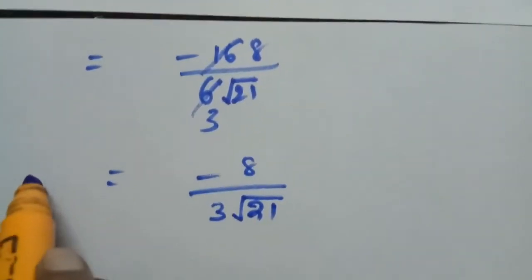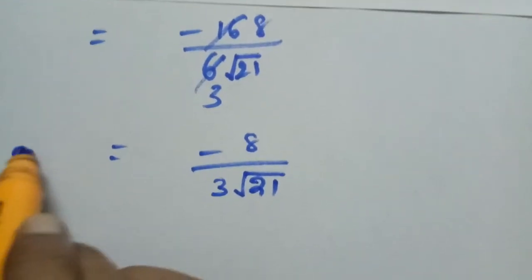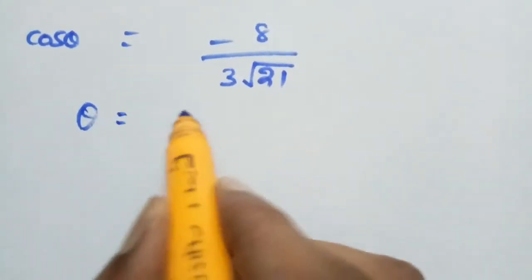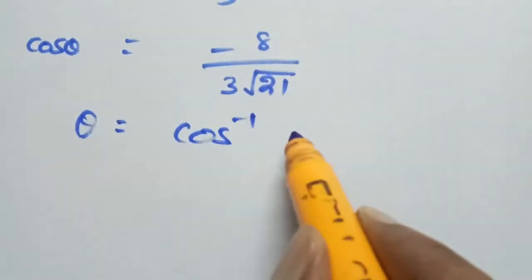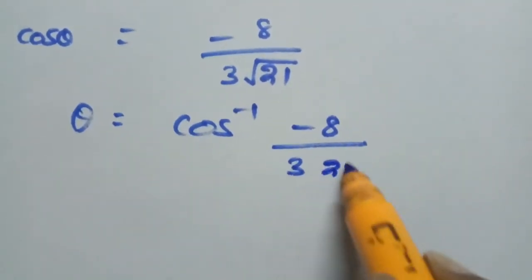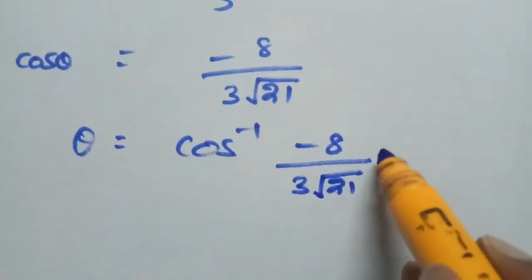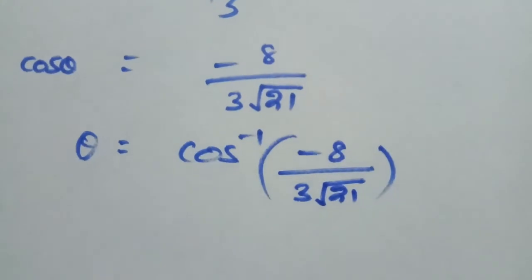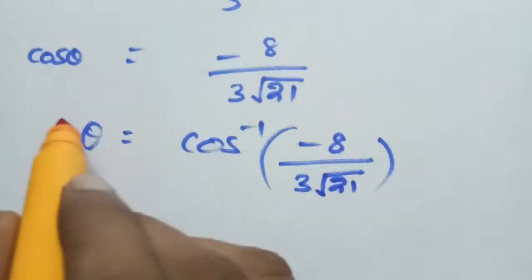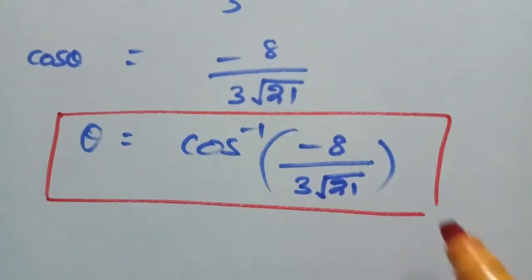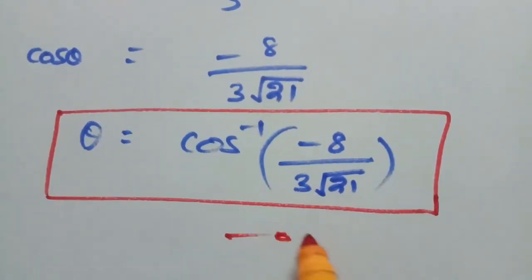This is cos theta. Therefore, theta, the angle, is cos inverse of 8 by 3 root 21. So therefore, this is the required angle between the given surfaces phi 1 and phi 2.